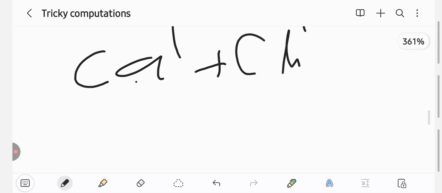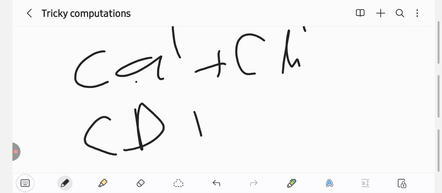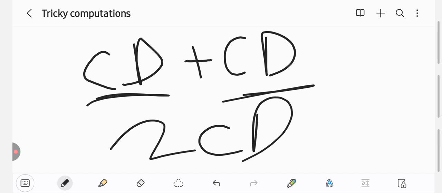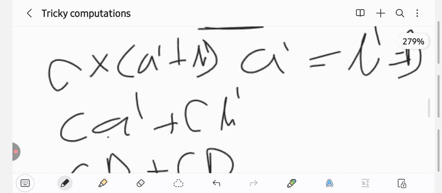Now substitute a prime and b prime, we get cd plus cd. Now instead of adding the d's, we simplify it to 2cd, because that's what it literally means. Now I think we understood what it actually meant and how it happened.